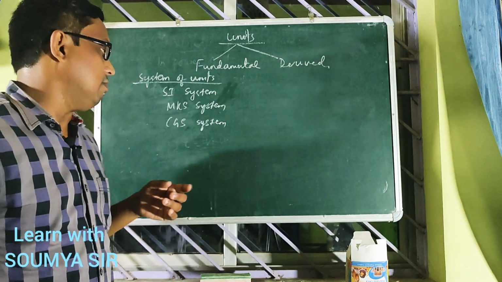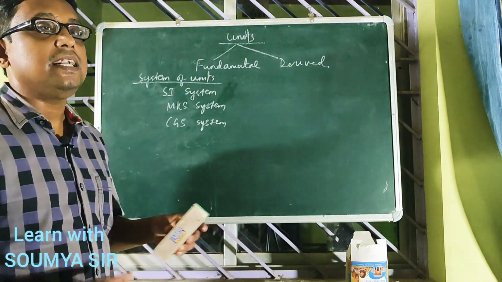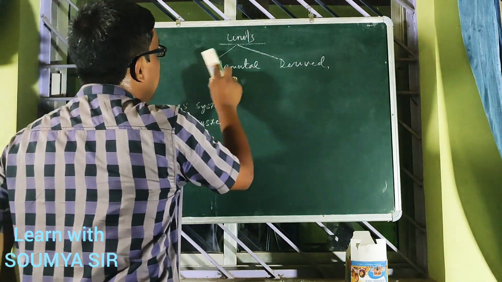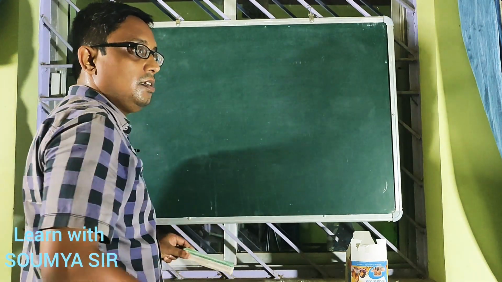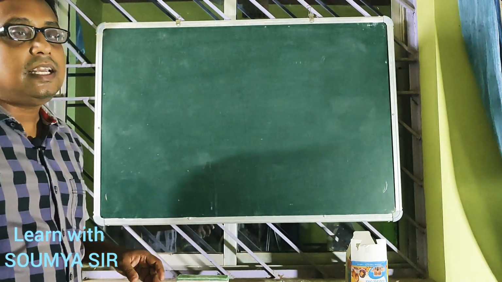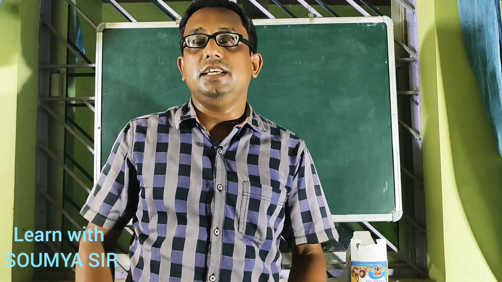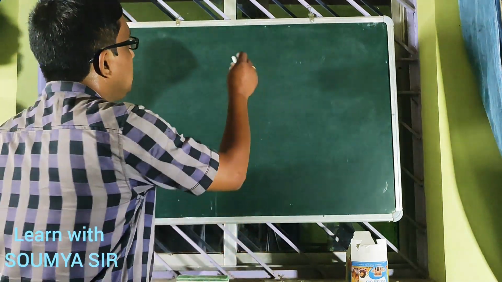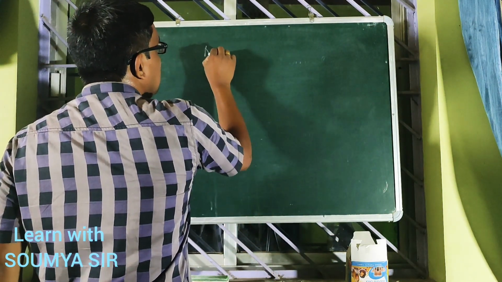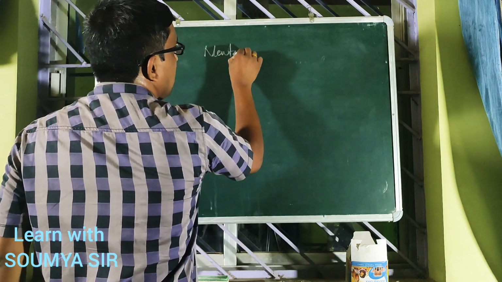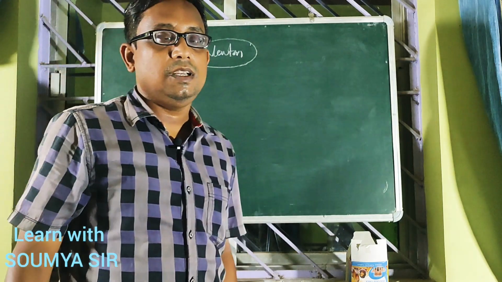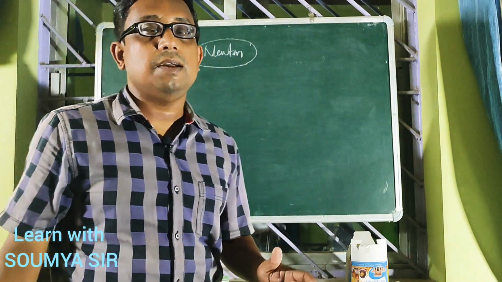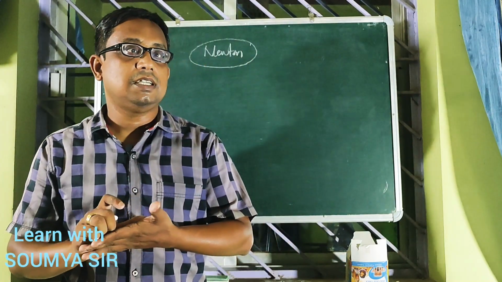Clear? Now, how to write the units? Many students, or many people, just write the units wrongly. Suppose I write the unit Newton like this. This is the wrong way of writing. So just see, I am telling how to write the units.